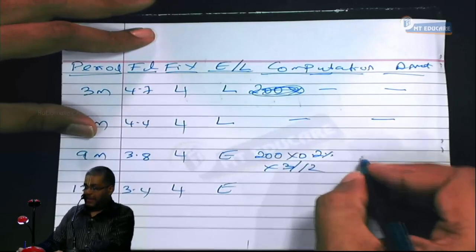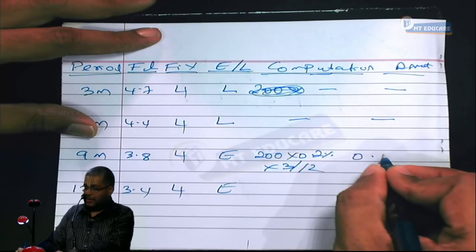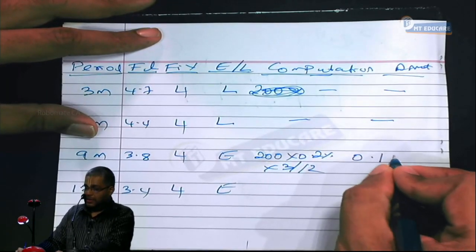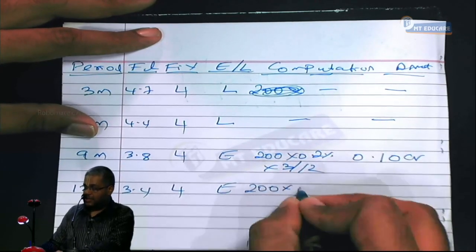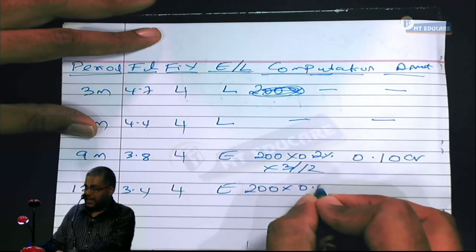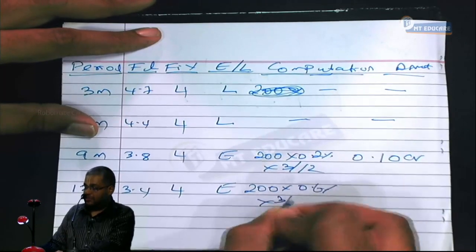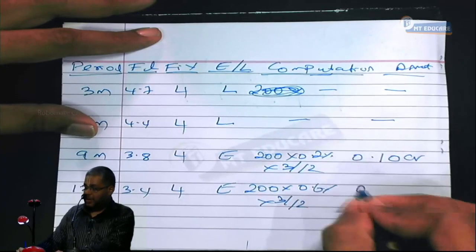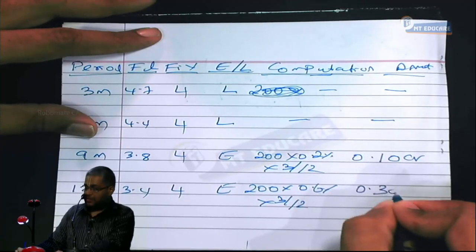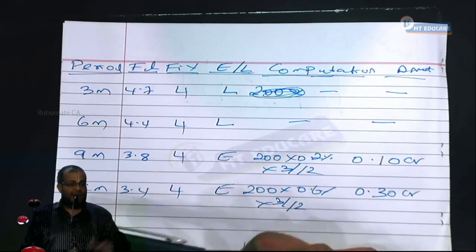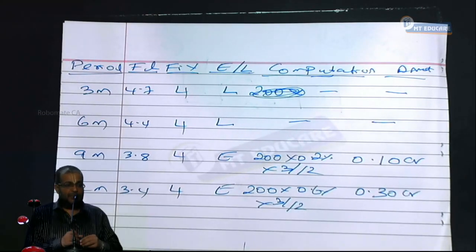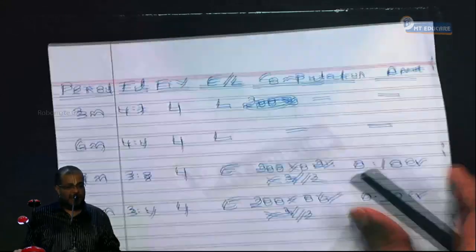Tell me the number, please. 0.10 crores. The fourth is 200 crores into 0.6% into 3 by 12. What is the number, please? 0.30 crores. So with this, we complete that particular sum. We'll continue with this and start with the currency swap in the next session.